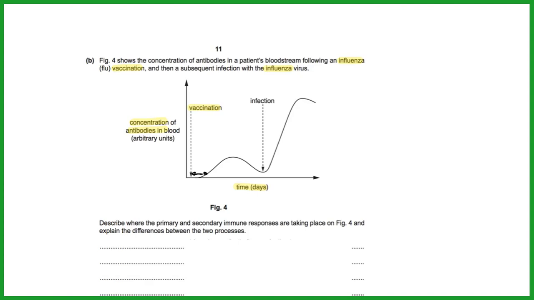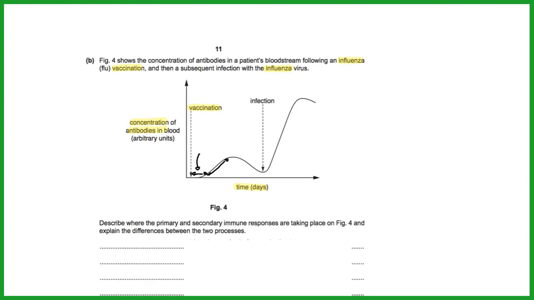Once you've found that correct B and T lymphocyte, they divide and differentiate and you produce plasma B cells, which leads to the concentration of the antibodies going up. But you do have this delay where clonal selection takes place, and then you've got clonal expansion, the production of the plasma cells, which leads to an increase in the number of antibodies against the flu antigen in your blood.